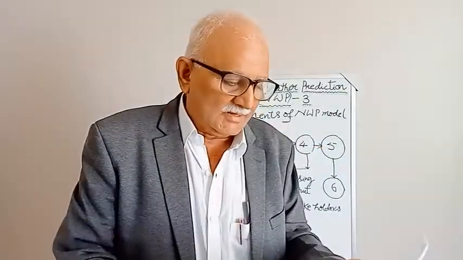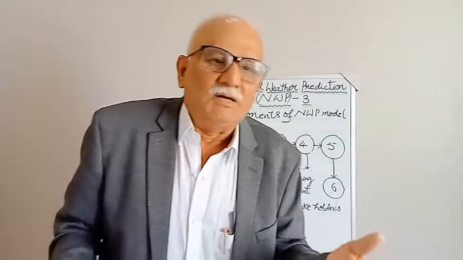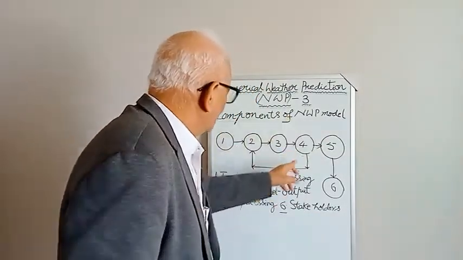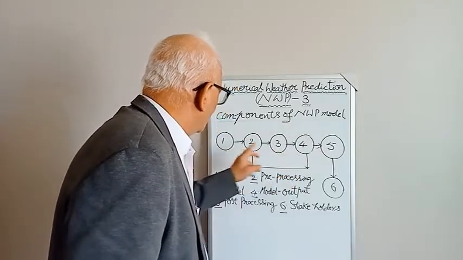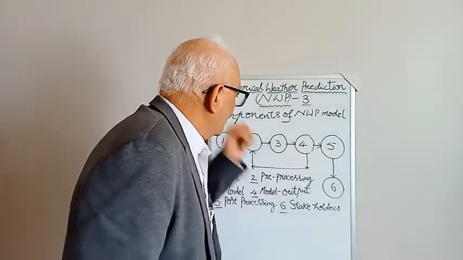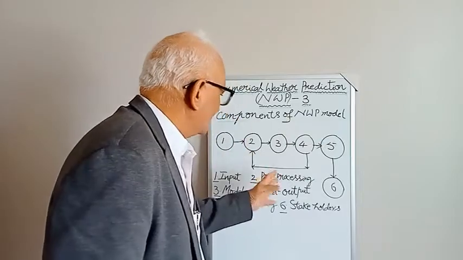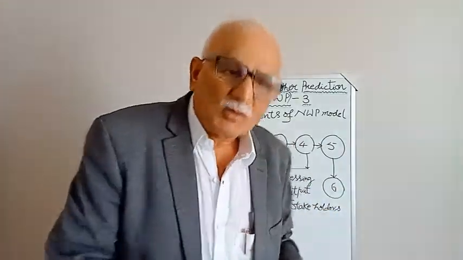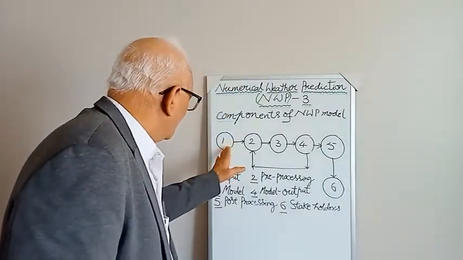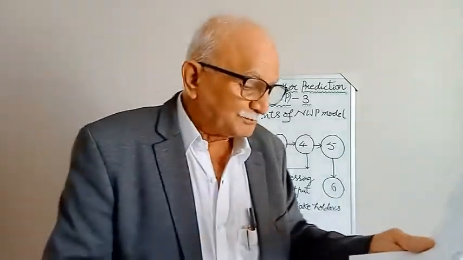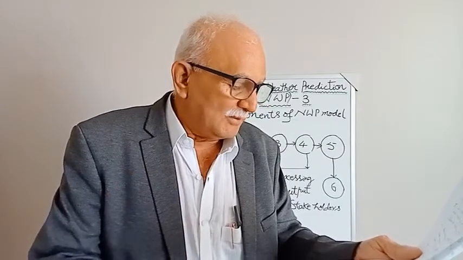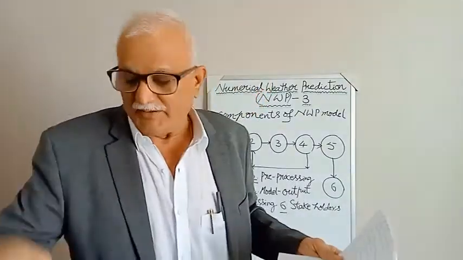Now, a typical numerical weather prediction system basically has an input, a model, and an output: pre-processing, the model, post-processing, and finally the stakeholders. In the pre-processing, the values of weather variables are prepared at different grid points.